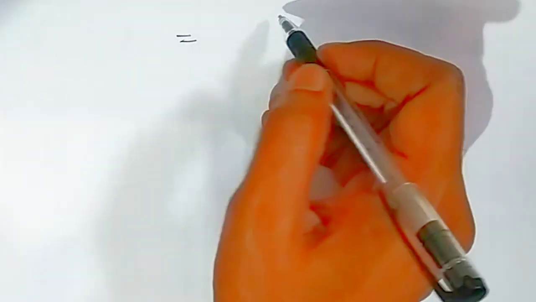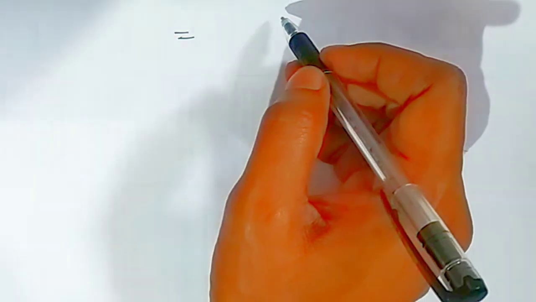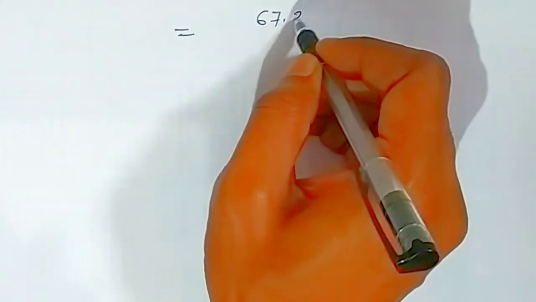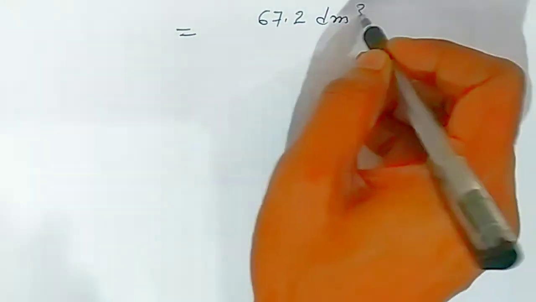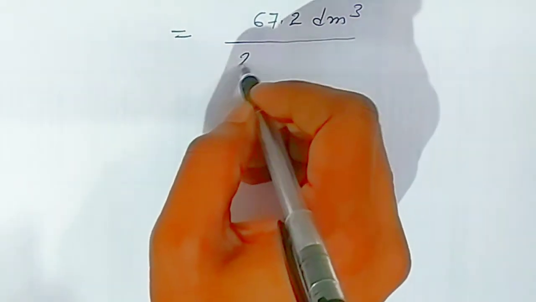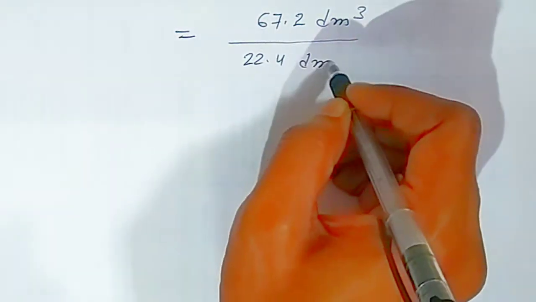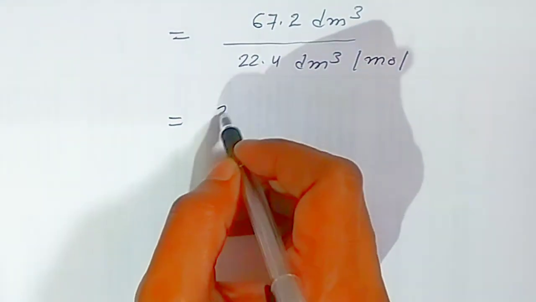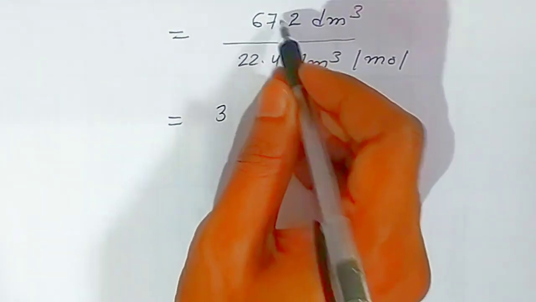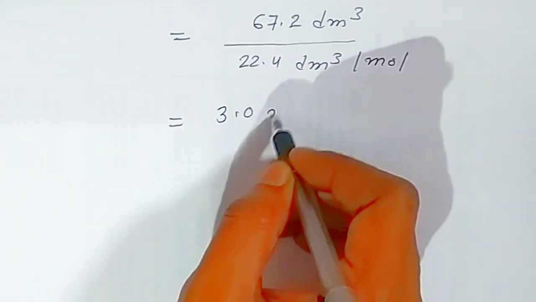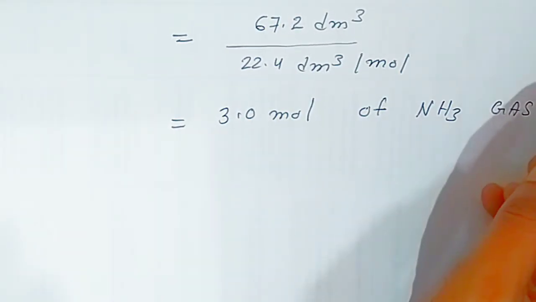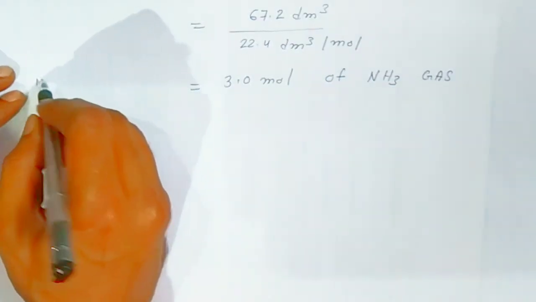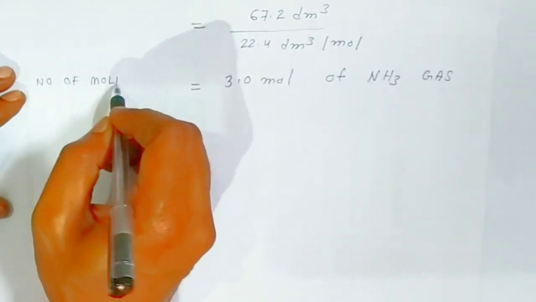It is already given, so we have to divide 67.2 dm cube by 22.4 dm cube per mole. Here I am directly dividing. When you divide, it will come 3. So 3.0 moles of ammonia gas will be there. This way you calculate the number of moles of ammonia.